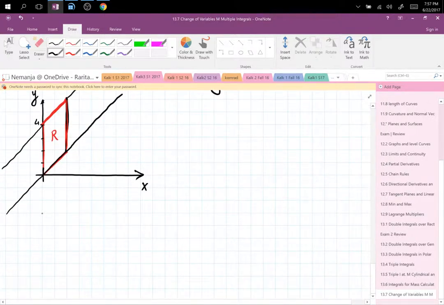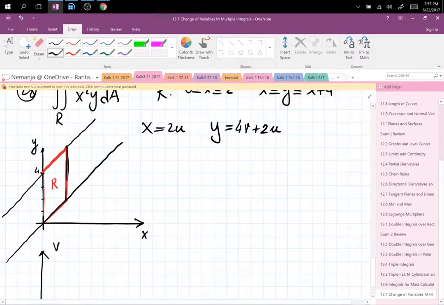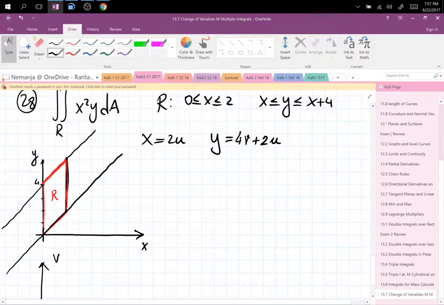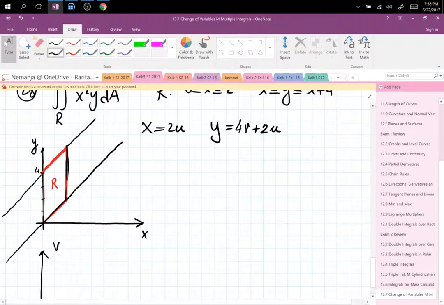I want to see what I'm going to get on the UV plane once the transformation is done, and that would be region S. So what do I have?